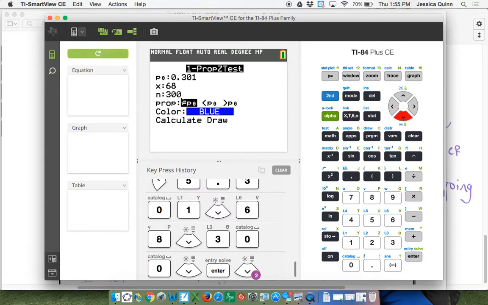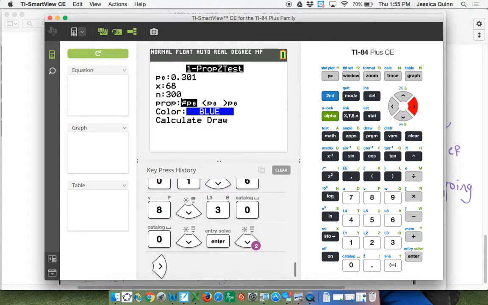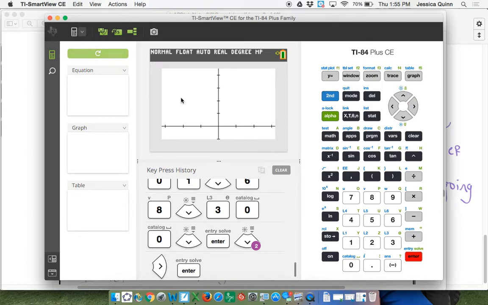And then again, you could calculate or you could draw. The draw is pretty cool, so maybe I'll just do that. And so then when I do that, there's our curve. And I think because it's just so far out there, you just can't really tell that it's shaded very well.